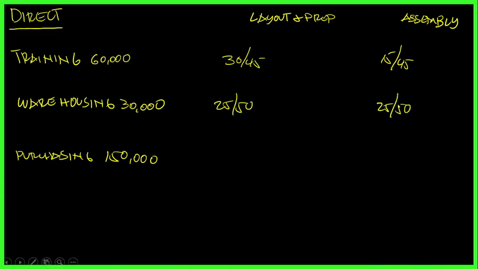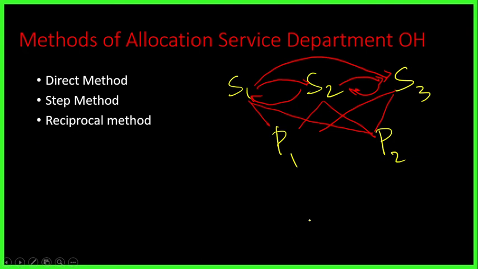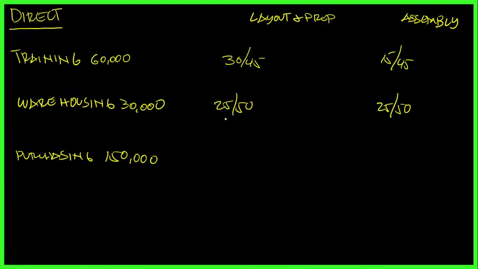And then for purchasing, it will be allocated based on the number of materials purchased. If you go back, you have 60 and 40, a total of 100. I hope you're following. So the ratio now will be 60 and 40. So you have 6 over 10 and 4 over 10.